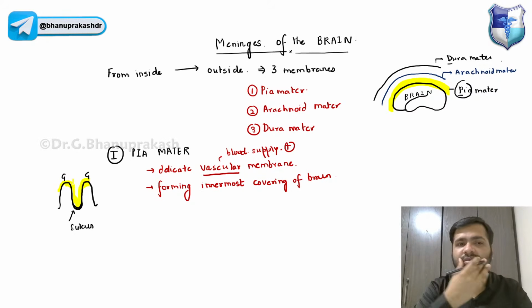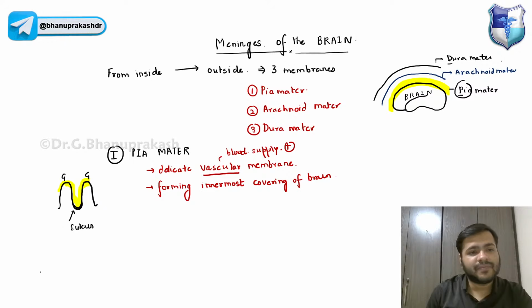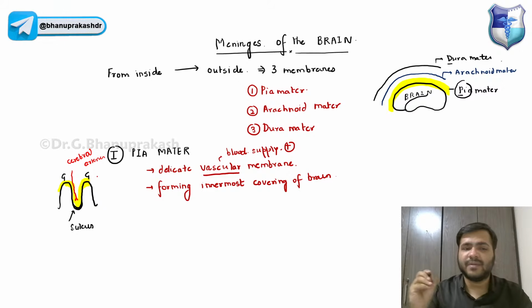There are branches of the blood vessels called the cerebral arteries. So let me just try to show you. Along with the branches of the cerebral arteries, this pia mater gets into the sulcus of the brain as well.